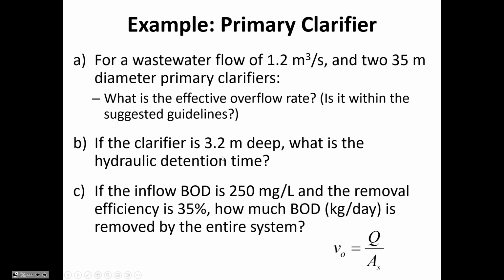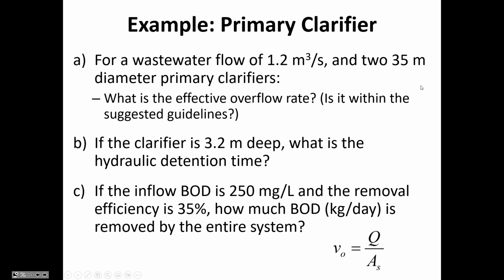So just to get some additional practice with the numerical side of primary clarifiers, let's say that we have a flow rate of 1.2 cubic meters per second, and we're going to use circular clarifiers in this case. A pair of clarifiers because we need there to be some redundancy so that we could maintain and inspect the clarifier. We wouldn't want to have just a single one of them.